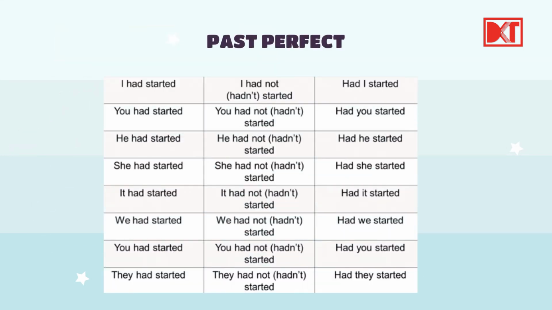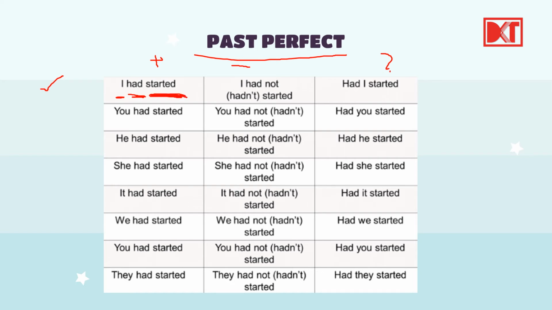Here we have past perfect tense and its formation in positive, negative, and interrogative. This is the first person singular: I had started, I hadn't started, and the question would be, had I started. Which verb are we conjugating here? Start, to start. You can go on for all of these, but you see how the formation goes: subject plus had plus the V3 form, the past participle.